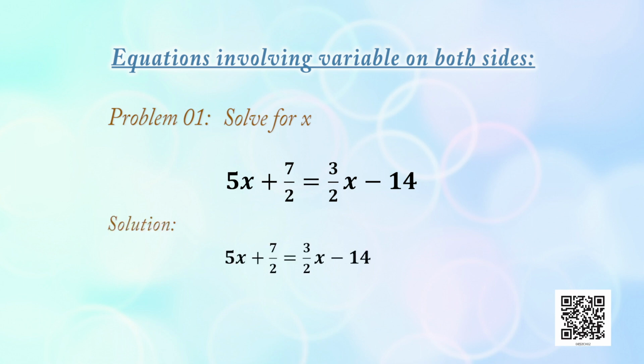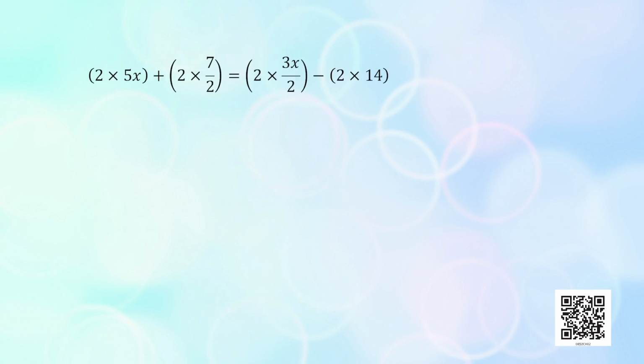Now, to simplify this equation, we have to remove the 2 in the denominator. Therefore, our first step is to multiply both sides of the equation by 2. We get 2 times (5x plus 7)/2 is equal to 2 times (3/2)x minus 14. That becomes 2 times 5x plus 2 times 7 by 2 becomes 7. Then 2 times 3x by 2 means 3x minus 2 times 14 means 28.